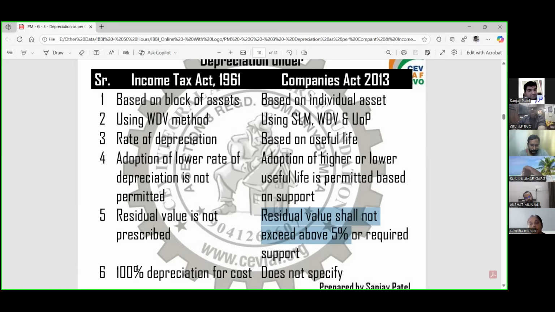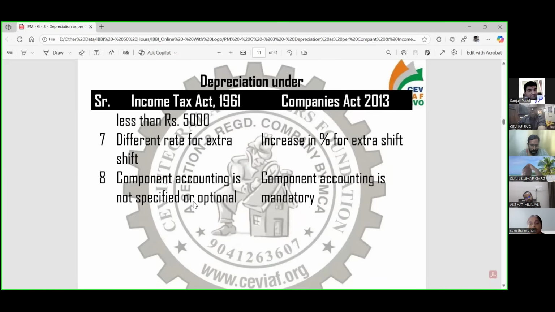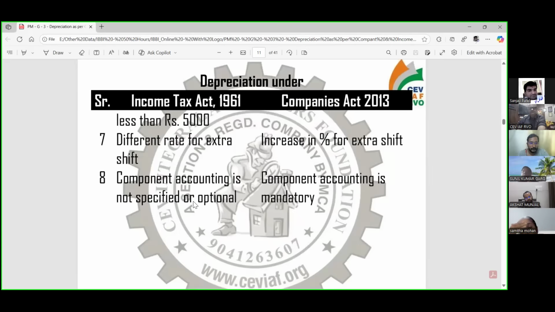100% depreciation for cost less than 5,000. Here, different rates are given for extra shifts: 5% for the single shift, 10% for the double shift, 20% for the triple shift.